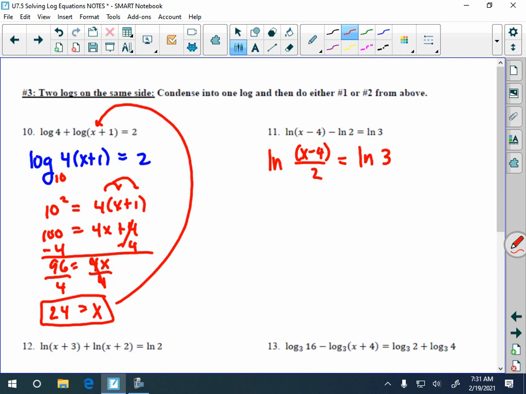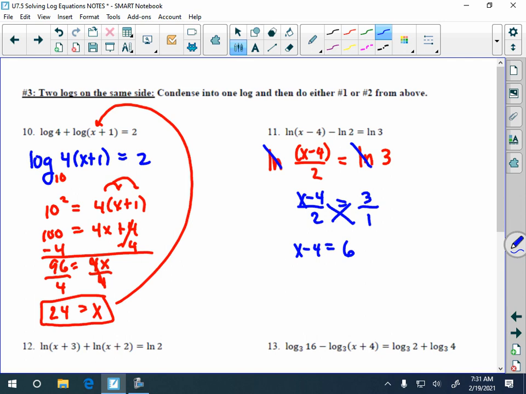So now I have case number 2 where there's one log on each side, so I can cancel the logs out. So x minus 4 over 2 equals 3. Now, on this kind of a problem, I'd like to just make the other side a fraction, and then just cross multiply, and then set those equal to each other. So 1 times x minus 4 is x minus 4, and then 2 times 3 is 6.